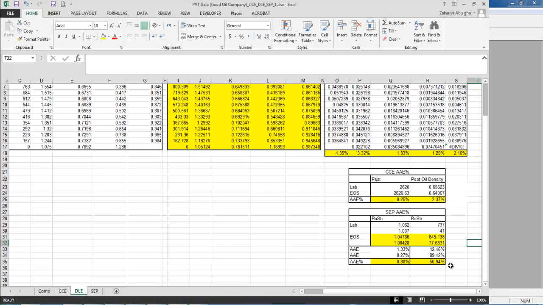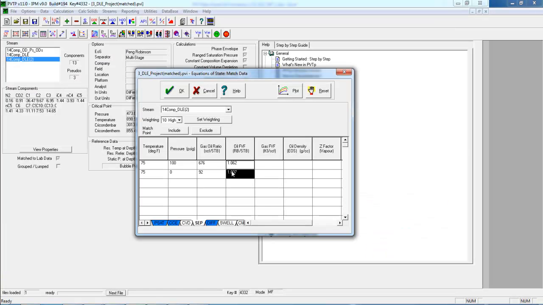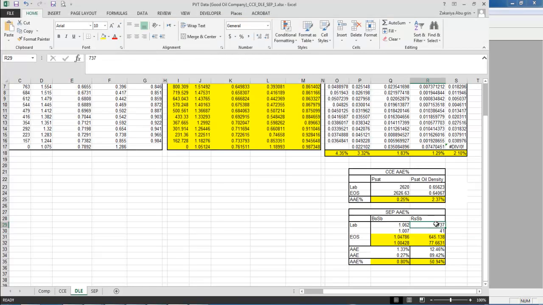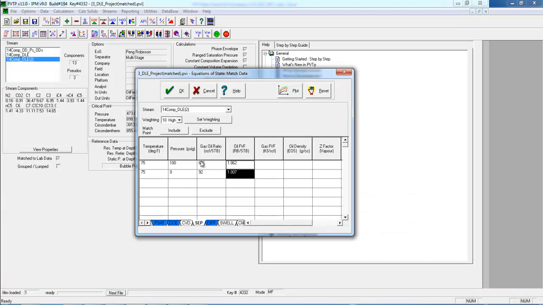So you can see that when we evaluate the equation of state, we found it's okay for Bo, but for Rs, gas oil ratio, I want to make sure. Okay, one moment please.